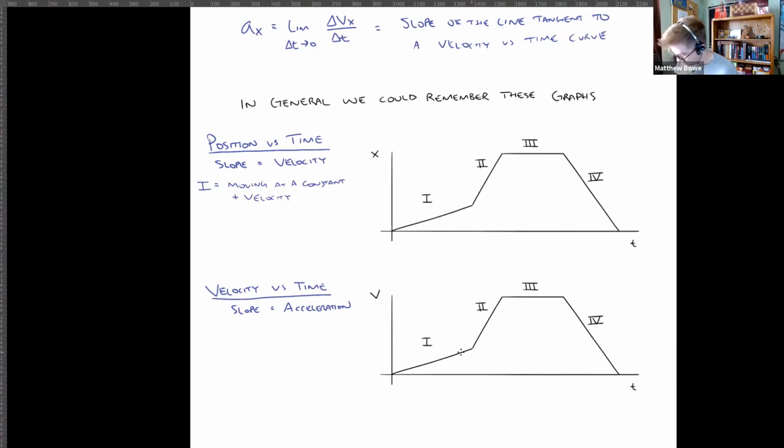Okay, same thing for the, yeah, I'll go down here to the bottom graph. Section 1 down here shows that we're moving with a constant positive acceleration.